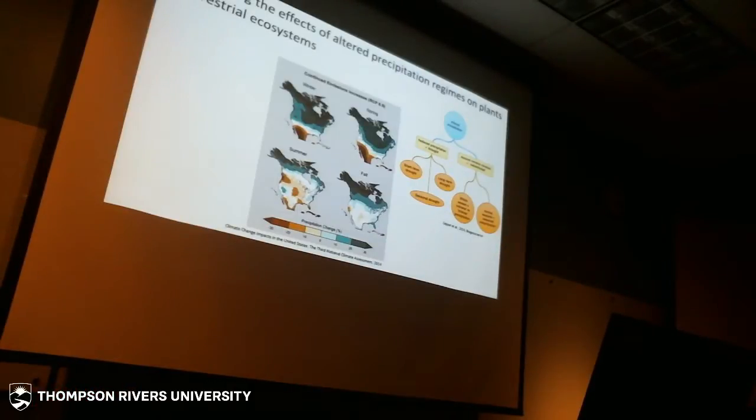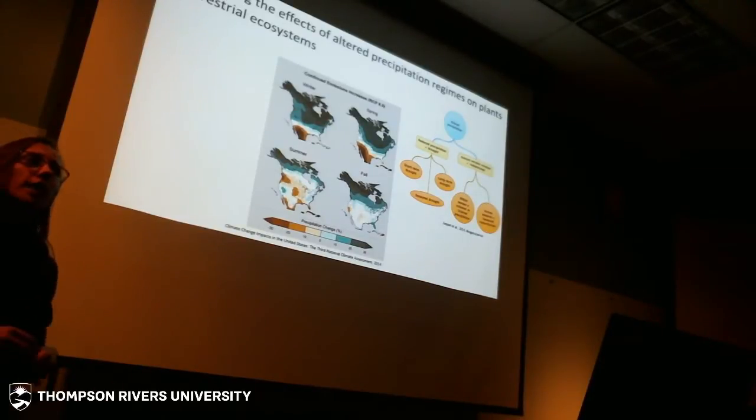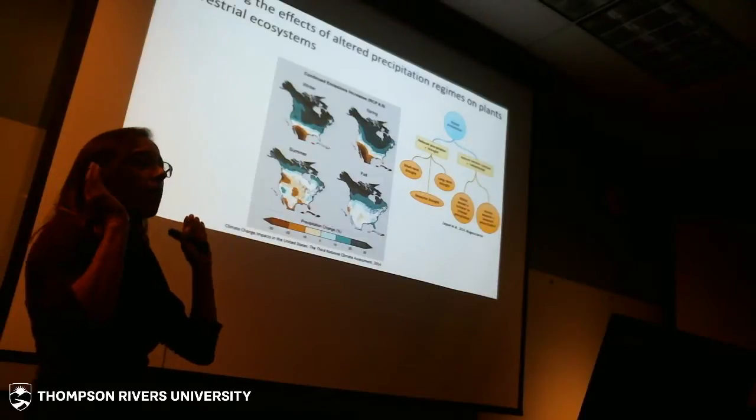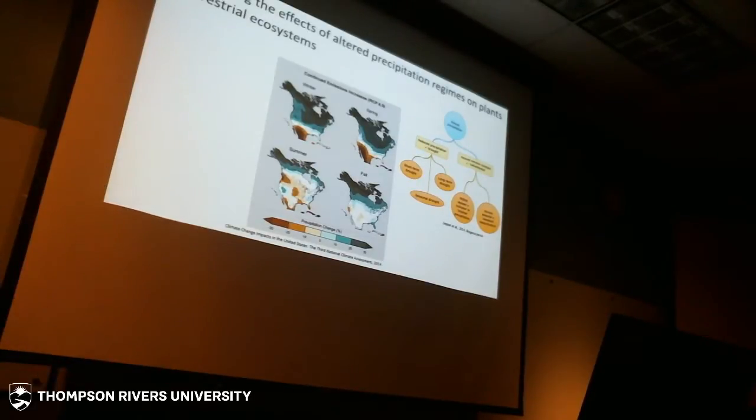According to different climate assessments, this shows what we expect in terms of precipitation change under the business as usual scenario. Essentially, just emitting the same amount of CO2 that we've already emitted and not doing anything to mitigate climate change.